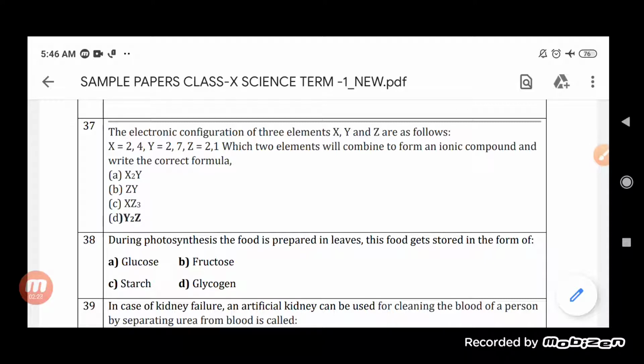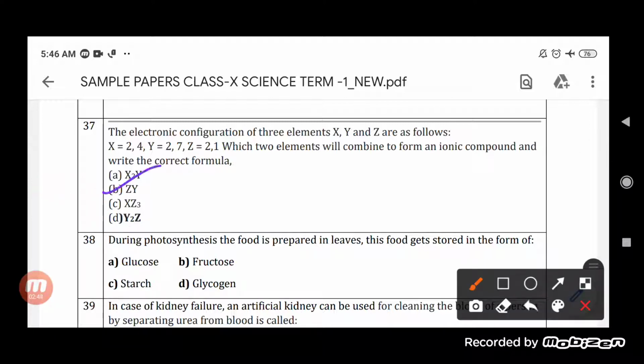What kind of formula will be there between them? The formula will be ZY. So this is the correct formula for the formation of ZY.